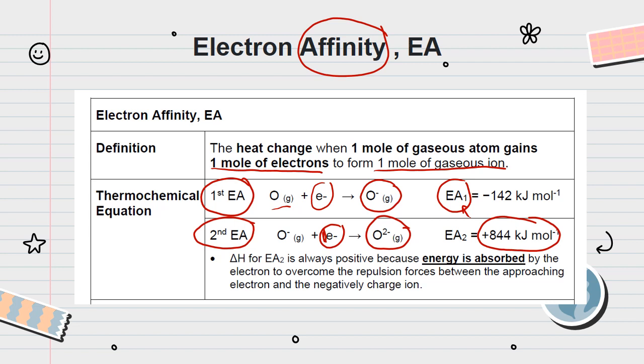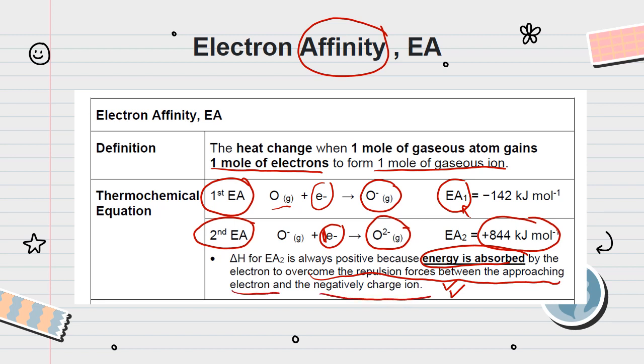Exam questions often ask, why is the second EA always a positive value? So you should know how to answer, alright? The enthalpy for the second electron affinity is always positive because energy is absorbed by the electron to overcome the repulsion forces between the approaching electron and the negatively charged ion.